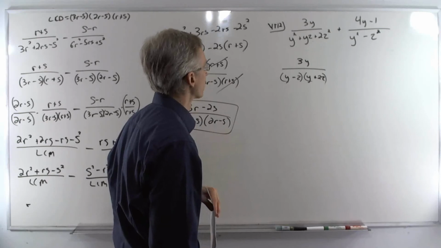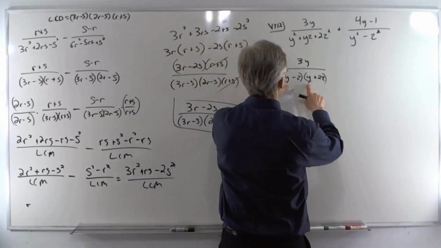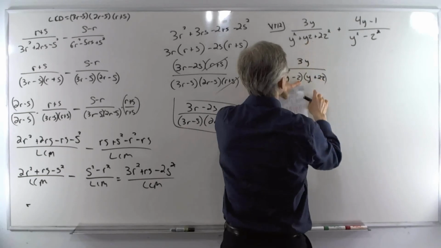All right, first one factors into y minus z times y plus 2z. All right, let's make sure that works. Y times y is y squared. Y times 2z is 2yz minus 1yz. That gives us the middle.